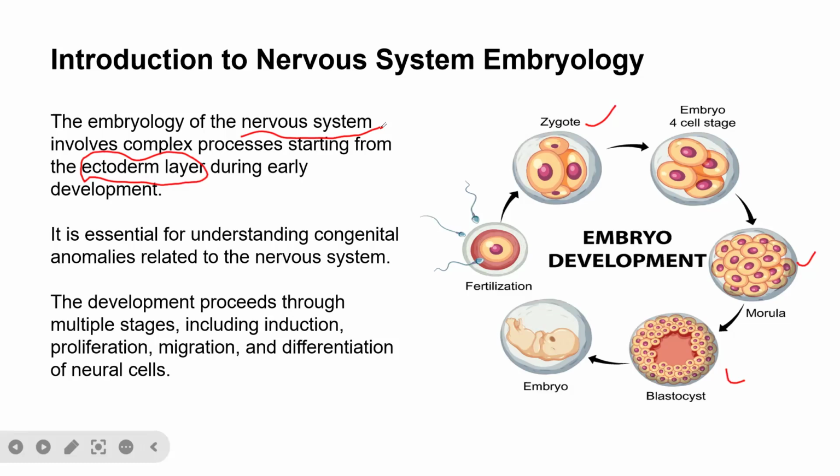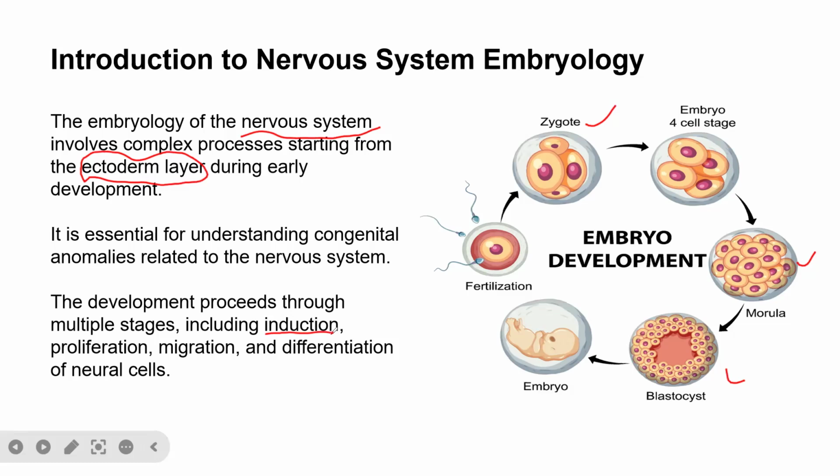Also very importantly, the development proceeds through multiple stages, including induction, proliferation, migration, and differentiation of neural cells. If you ask how the ectoderm layer differentiates into the nervous system, it involves multiple stages, and you shouldn't forget them. Number one, we have induction.